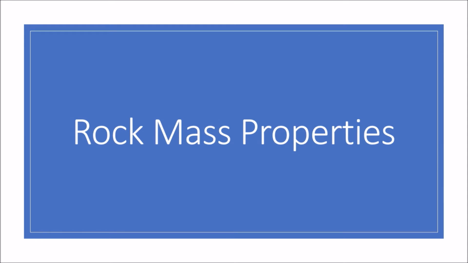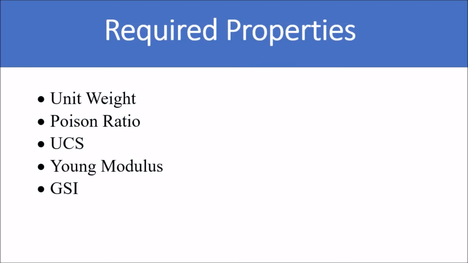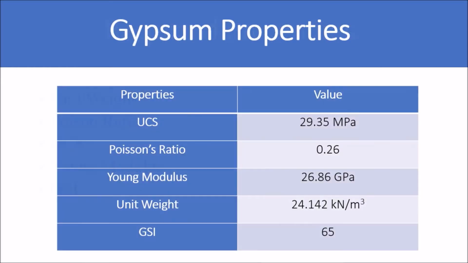Rock mass properties. The following properties are required in this report: unit weight, Poisson ratio, UCS, Young's modulus, and GSI. The company is not willing to spend money on rock testing in the laboratory, so another way to find the rock salt properties is from articles and research papers that are present on the internet.